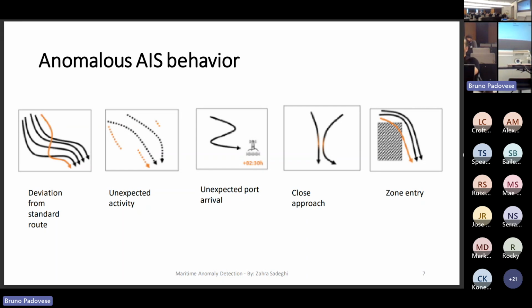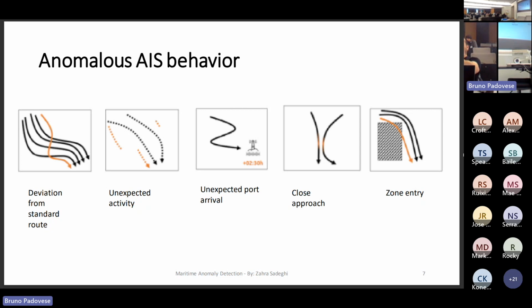The second one from the left is known as unexpected activity. This refers to the case when we can see a curvature in the data which doesn't make sense. For example, in this example, we see that some data points are coming from a different location, and there is this non-continuous curve which is not expected. And the third one is unexpected port arrival.